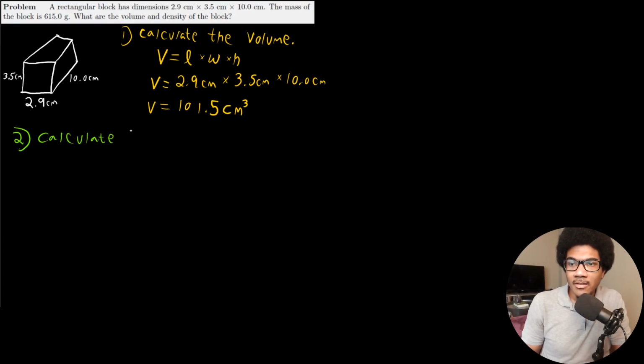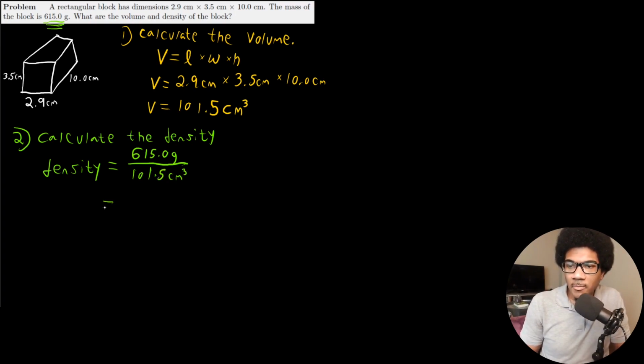Let's ask ourselves, do we have everything we need to calculate the density? We know density is going to be mass over volume. We've just calculated the volume, and in the problem, they gave us the mass of 615 grams. So we do have everything we need. Density is equal to mass over volume, so 615 grams over 101.5 cubic centimeters. That gives us a density of 6.059.